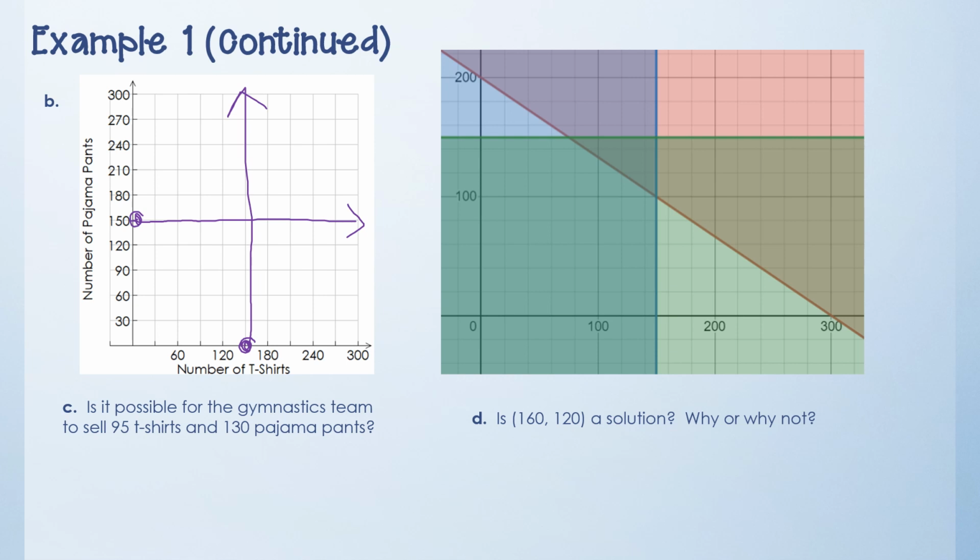All right, then for my last inequality, my y-intercept is at 200. So again, it's probably easier to look for the y-intercept every single time. So that's going to be right below 210. And then my x-intercept is at 300. So that would be here. And then this is a solid line.